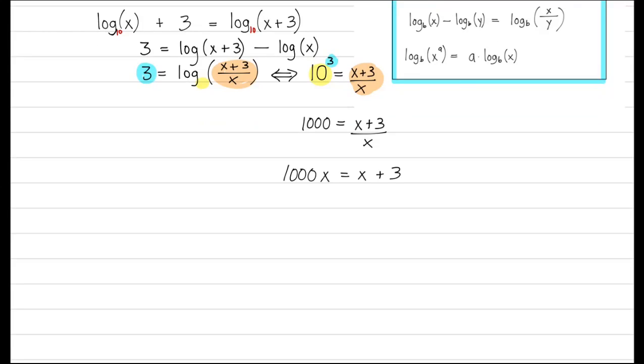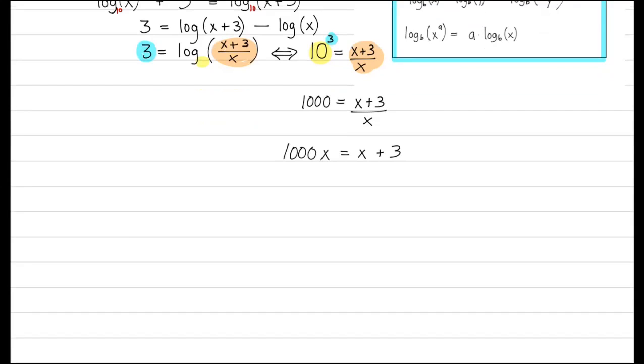Now we've got ourselves a nice linear equation. Okay. So from there, we're going to move all the x's to one side. So I'll keep the 1,000x on this side, and I'm going to subtract off this x from both sides. So 1,000x minus x is equal to 3.